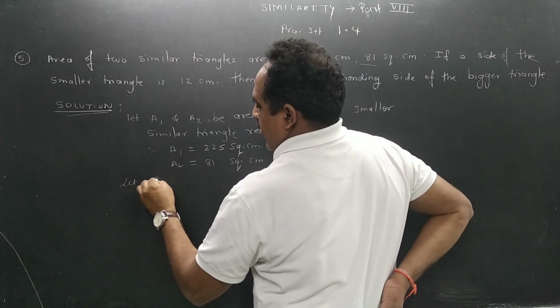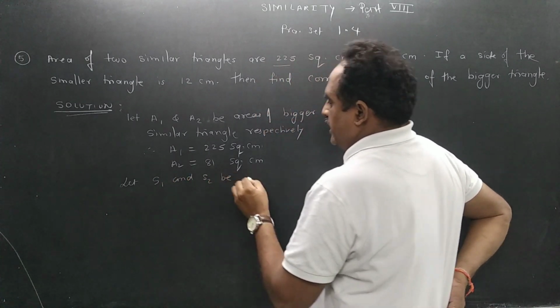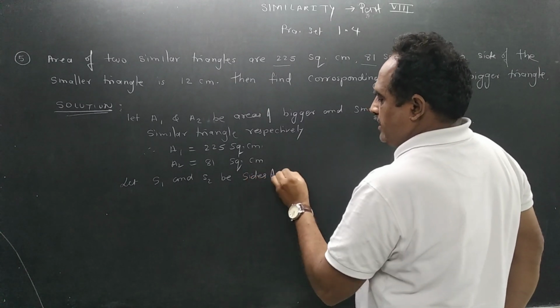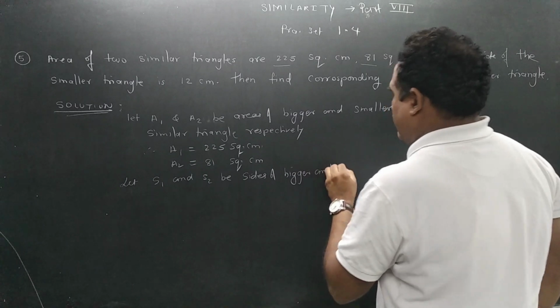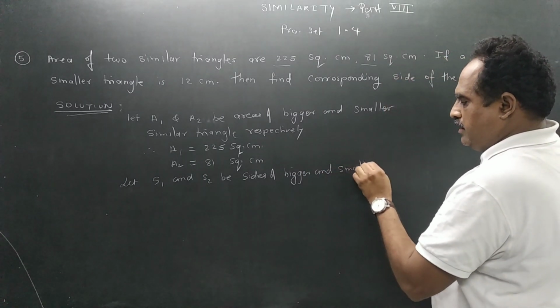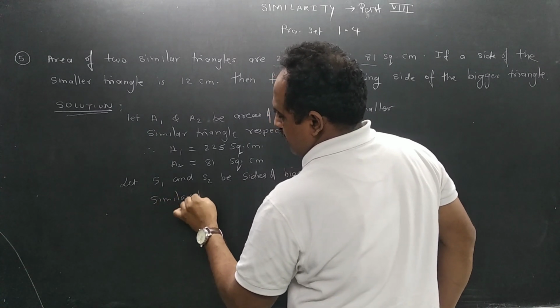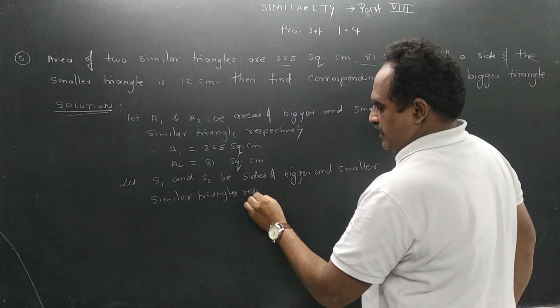Let again S1 and S2 be sides of bigger and smaller similar triangles respectively.